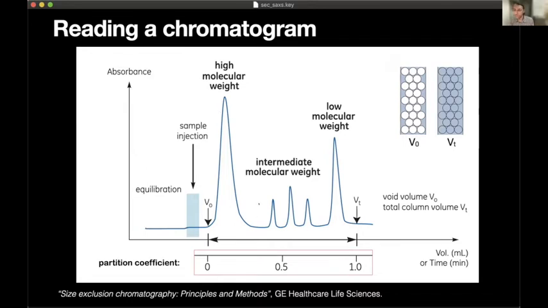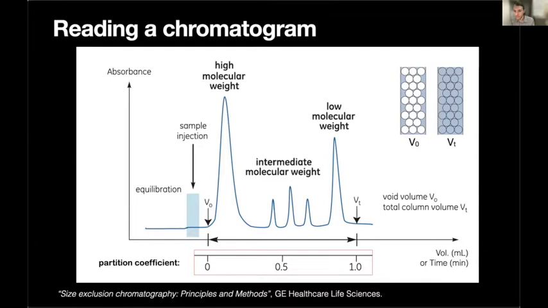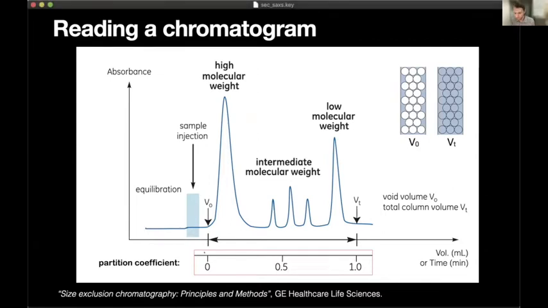Peaks in the middle would be of intermediate molecular weight. Proteins of low molecular weight would elute on the right-hand side. And a column will basically partition based on how fast things run. But you can assign a number, for example, between 0 and 1, where 0 is the largest object and 1 is the smallest object that the column can separate. So this is called partition coefficient.